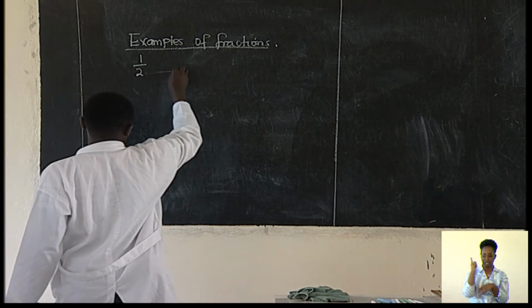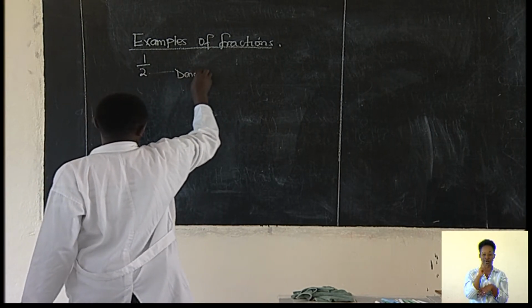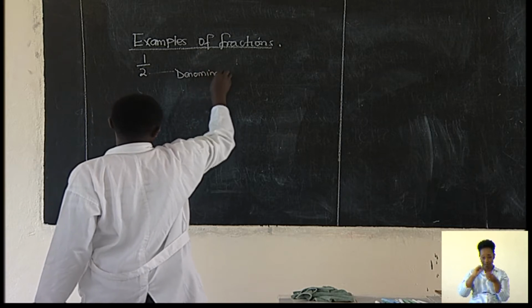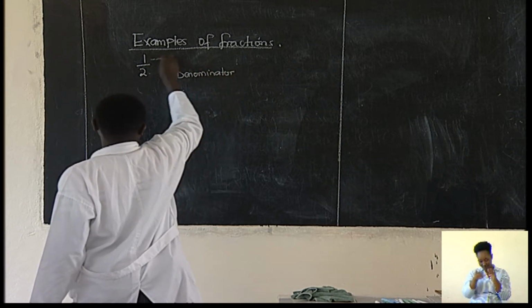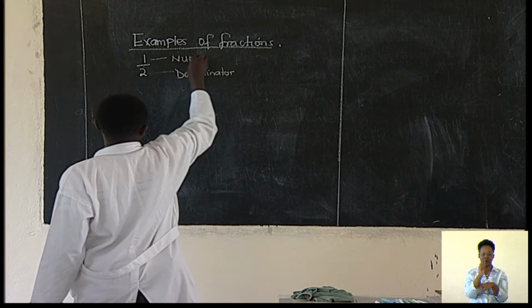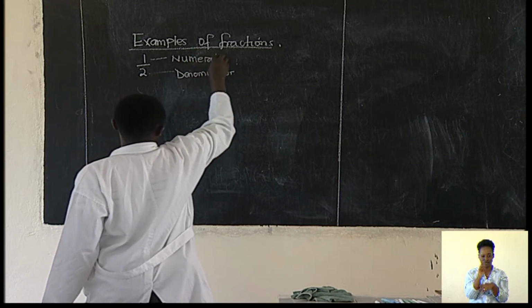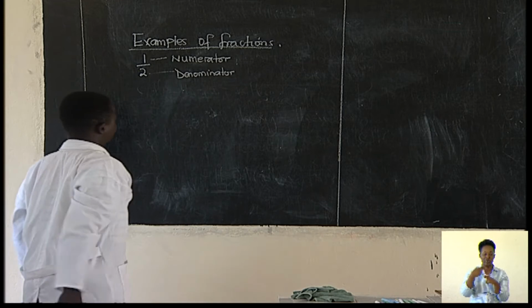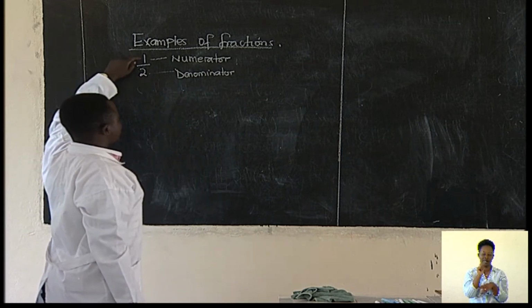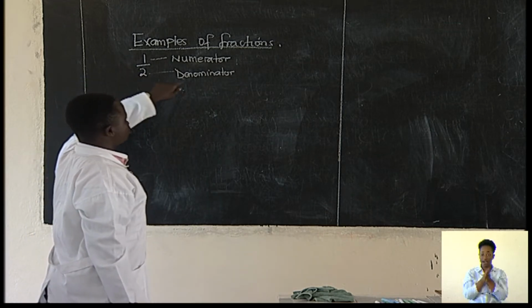This is a denominator, and this is a numerator. The one on the top is a numerator, and this one is a denominator.